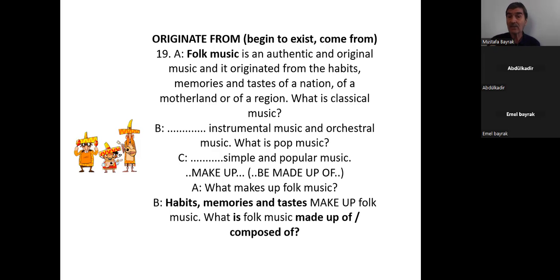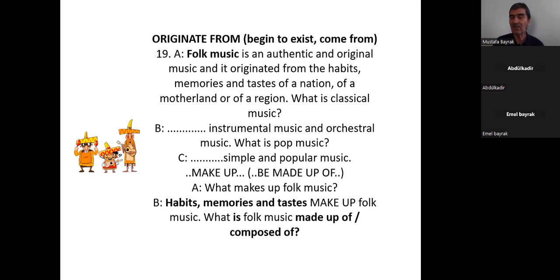By the way, let's take a look at this because of originate from. Make up and be made up of are really practical and useful. Let's try to acquire them as well. For example, what makes up folk music? Habits, memories, and tastes make up folk music.